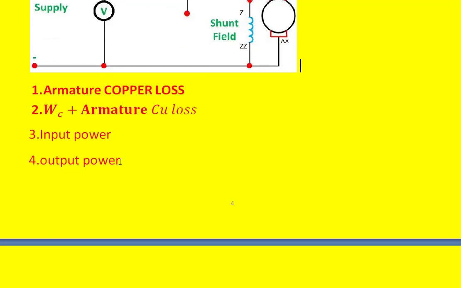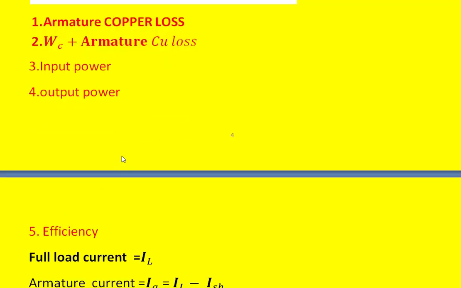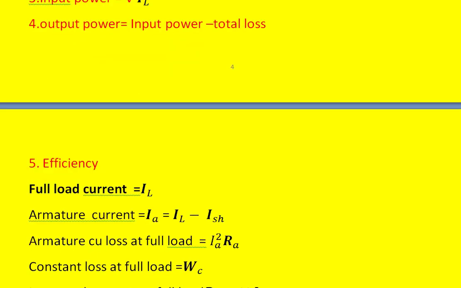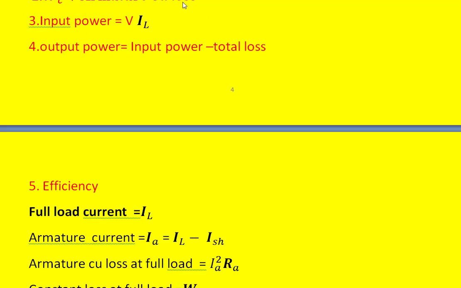Next, the output power. We calculate the output power by subtracting the total loss from the input power. Once we know the input power and the total loss, we can calculate the output power under new conditions, that is input power VIL minus total loss, that is WC plus armature copper loss under the new conditions.